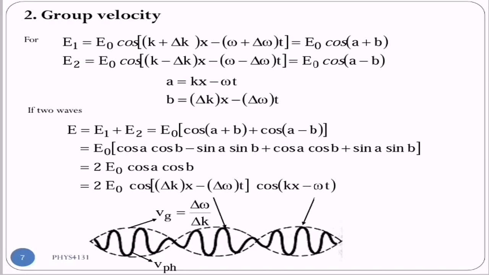For example, if we have two waves E1 and E2, then the resultant is E equal to E1 plus E2. Putting in the values of E1 and E2, we get E equal to 2 E naught cos of (delta k x minus delta omega t) cos of (kx minus omega t).